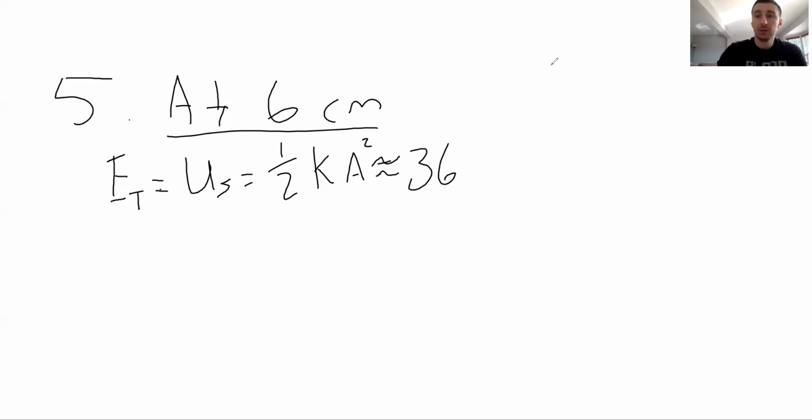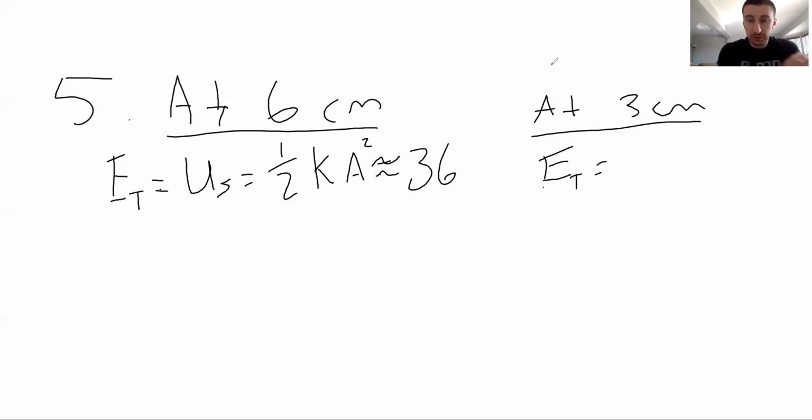So now if I look here and go to, where does it want, 3 centimeters? Okay. I know energy total is going to be equal to the potential energy of the spring at that point plus the kinetic energy at that point.